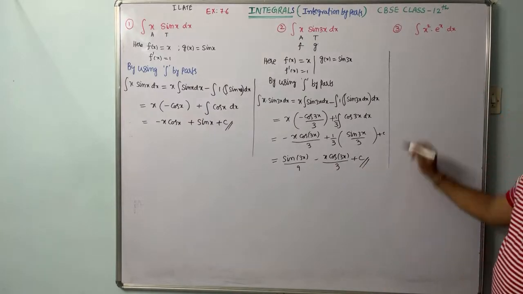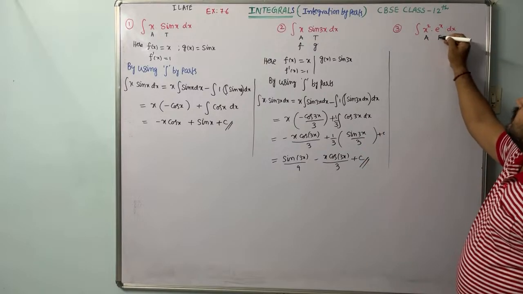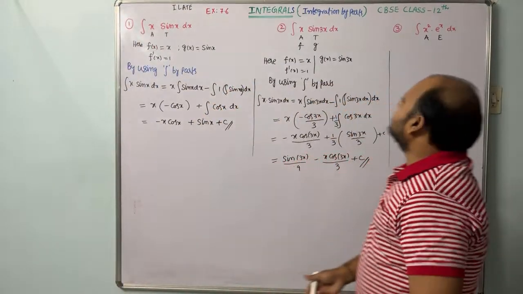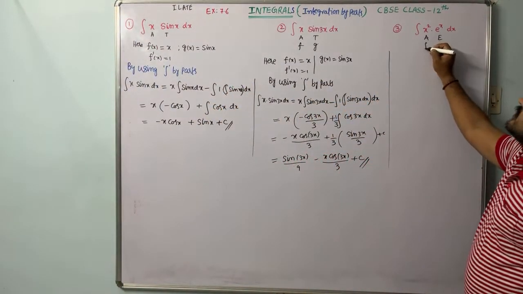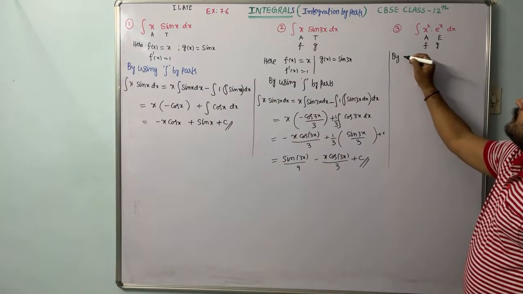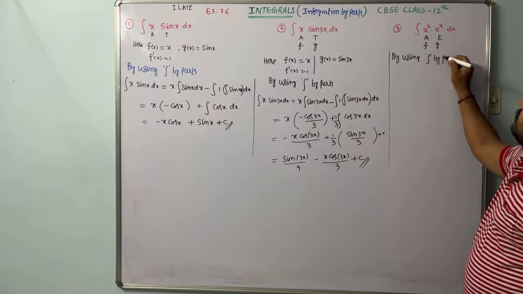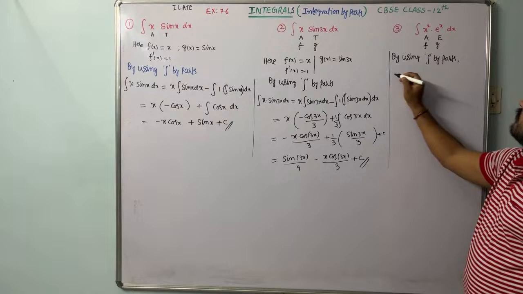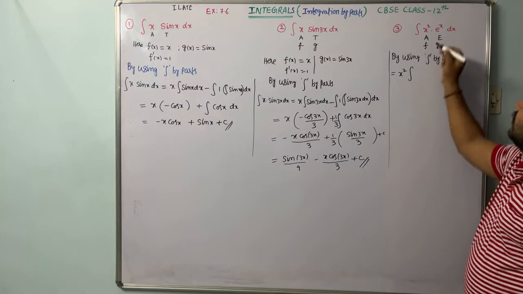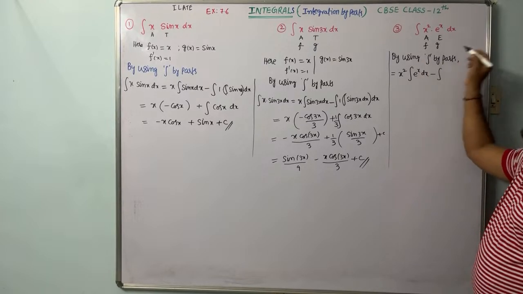If you come to question number 3, even here this is algebraic, this is exponential. By applying the ILATE formula, the algebraic function comes first every time. This is the first function f, this is the second function g. So by using integration by parts: x square into integral e power x dx, minus integral f dash of x.